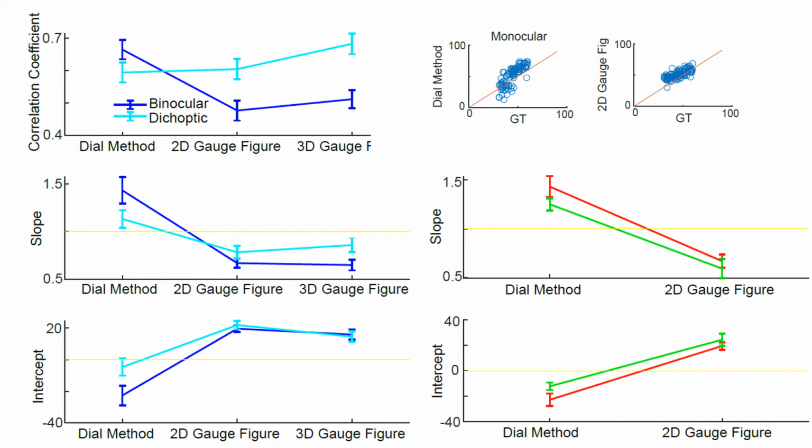Then in our gauge figure method, participants tend to overestimate the slant. The degree of the overestimation is higher when the surfaces were less slanted. Overall, the response pattern was the closest to ground truth when using the dial method to measure monocularly or dichoptically presented surfaces.